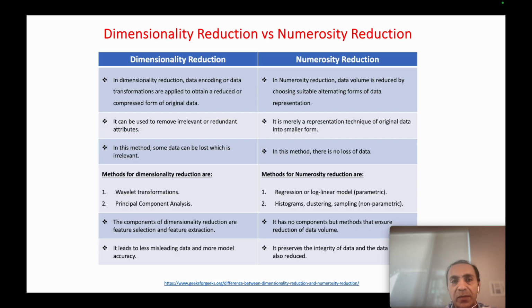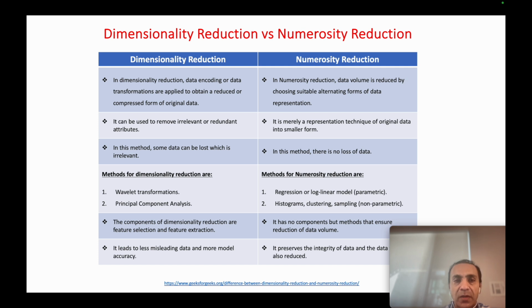So what is the difference between dimensionality reduction and numerosity reduction? Well, in dimensionality reduction, data encoding or data transformation are applied to obtain a reduced or compressed form of the original data. In numerosity reduction, data volume is reduced by choosing suitable alternative forms of data representation.